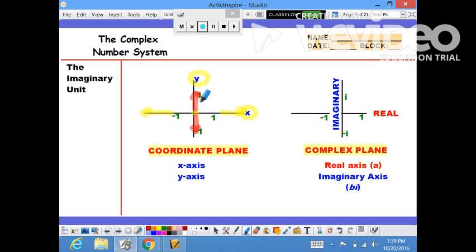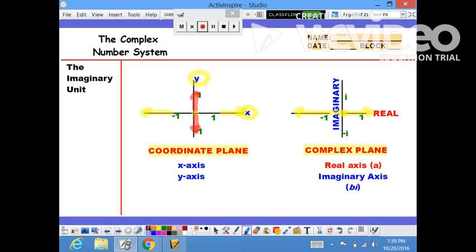Now, as we're crossing over into the complex plane, the complex plane doesn't really have an x or y axis. It has the real versus imaginary axis. Okay, so on your real axis, you have your real numbers. So again, you have your negatives going to your left, and your positives going to the right.